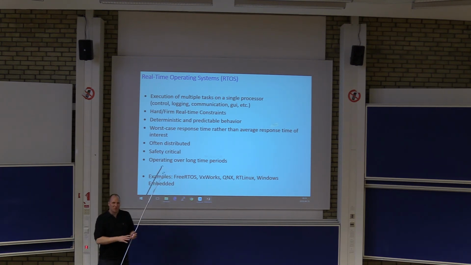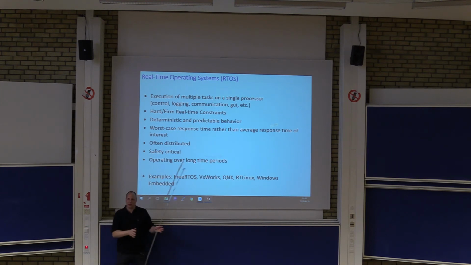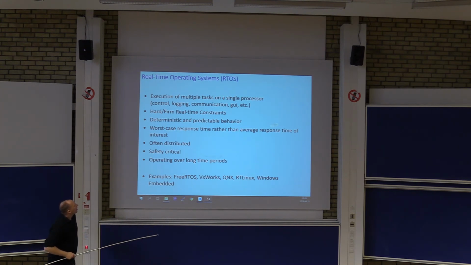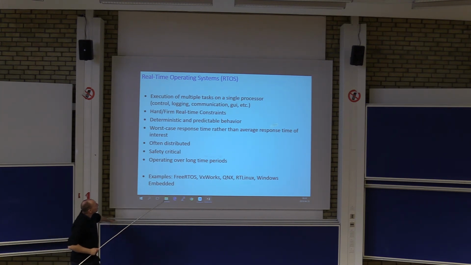You have different needs for the different networks, and you don't want to put the traffic on the same network. So that's why you have a couple of different networks on a car. And if you go to a truck, for example, you will have even more networks.